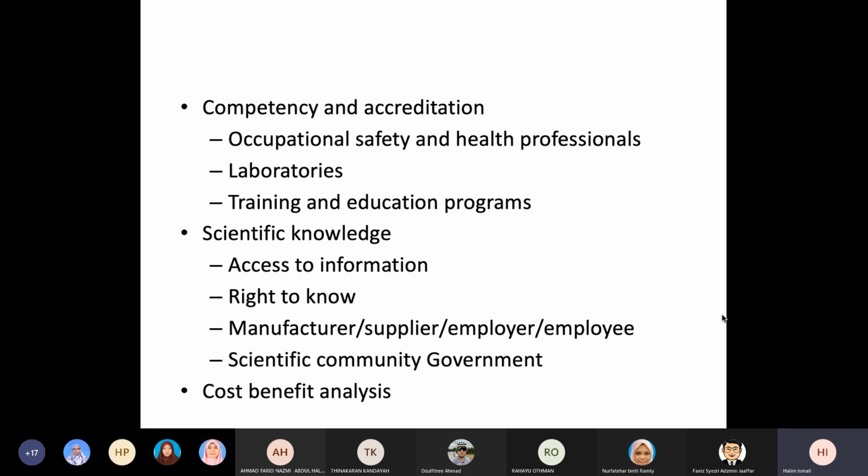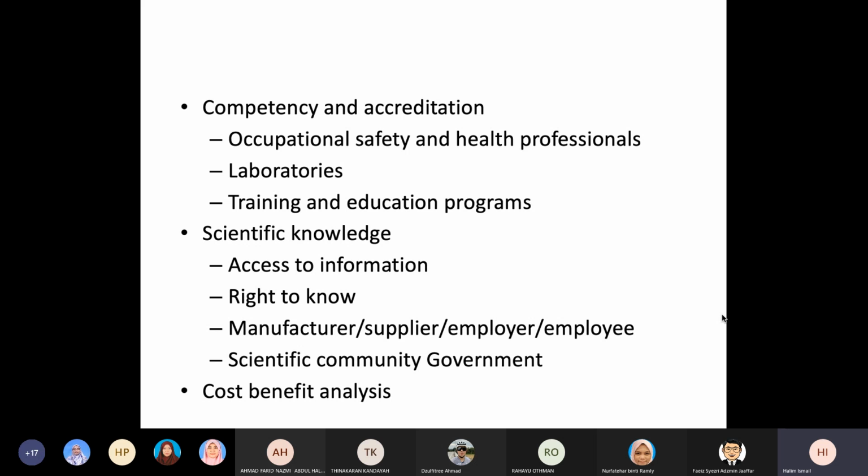Scientific knowledge, access to information, right to know, manufacturer, supply, employee, scientific community, and the government. So, in terms of scientific knowledge, in terms of medical ethics, there was quite a problem between the professionals in OHD and also between the employer and the employee.